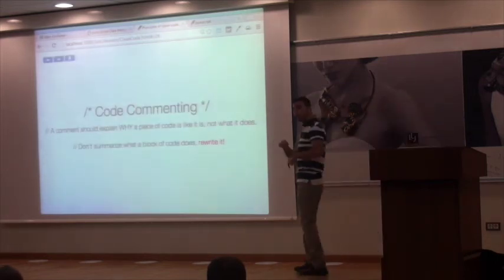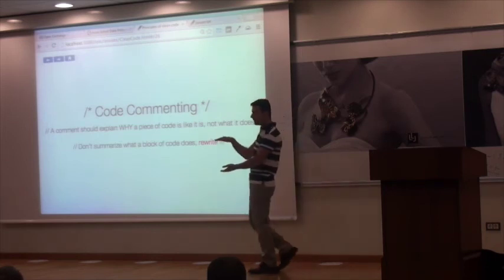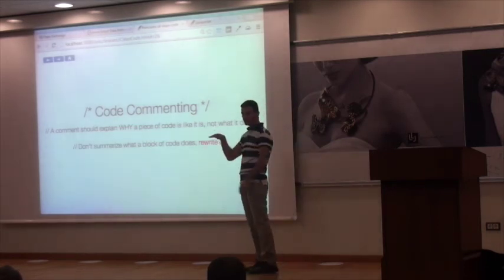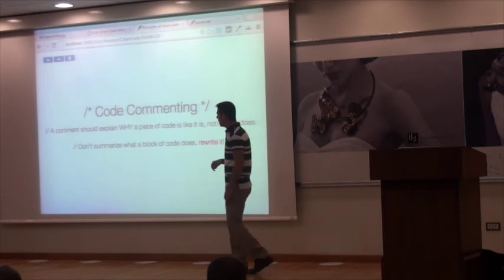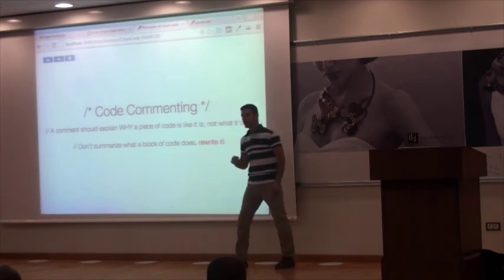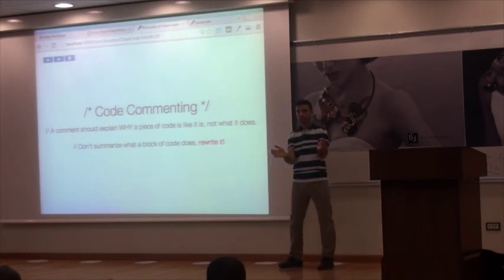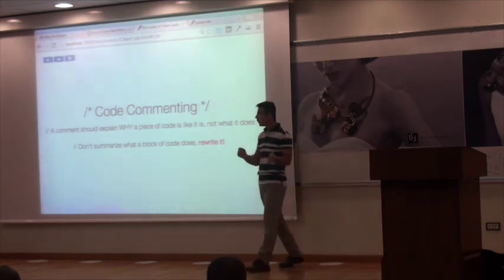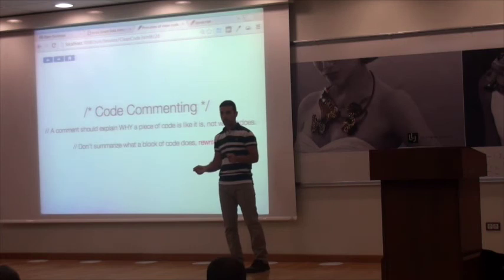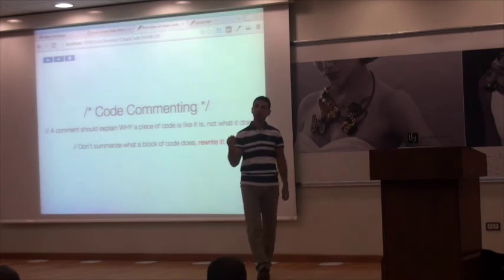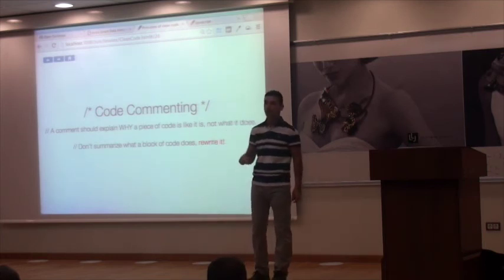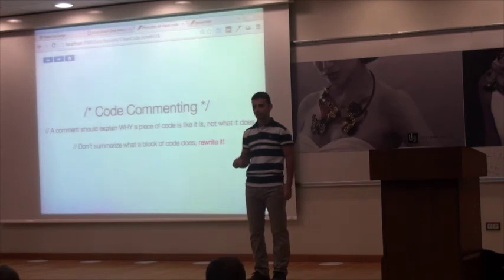Commenting the code is the second part, which is where you're commenting what you're doing inside. Now here's the thing. A comment should explain why a piece of code is like what it is. It shouldn't explain what it does. If you're trying to write comments to explain what you did in your code, you wrote crappy code. Do it again.